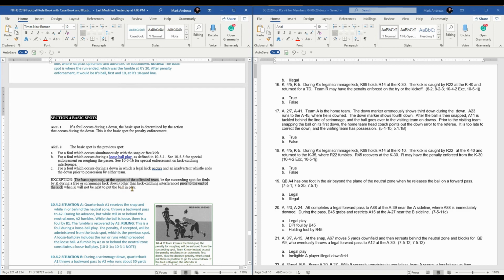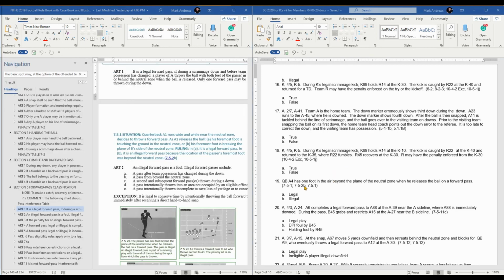I know that's really confusing. Basically what it's saying is that if K fouls and R ends up with the ball, then we can enforce the foul from the succeeding spot, which in this case is where the ball was recovered. Okay, so the answer to question number 18 is true. R may have the penalty enforced from the K30. All right, let's move on.